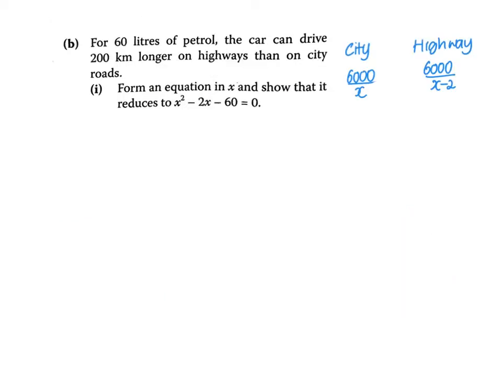For 60 liters of petrol, the car can drive 200 kilometers longer on highways than on city roads. Let's take a look. I want a distance of 200 kilometers longer on highways. For the city, the x itself, we use more petrol, so the distance traveled will be shorter.